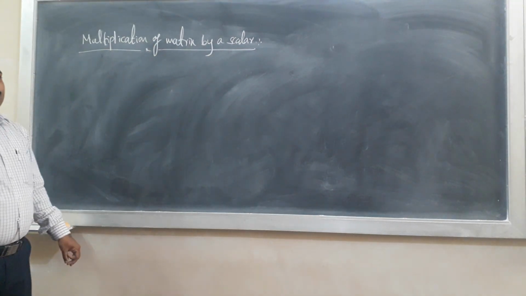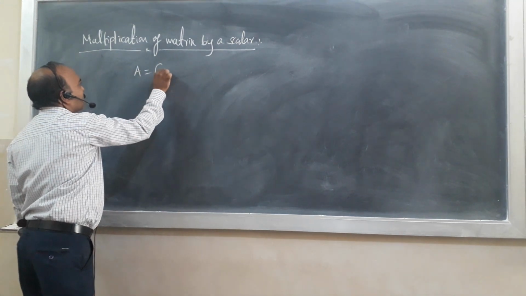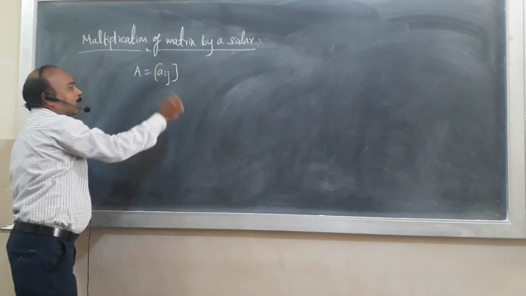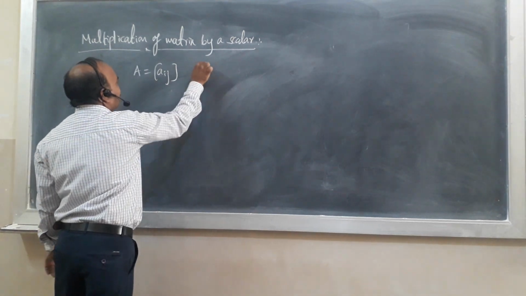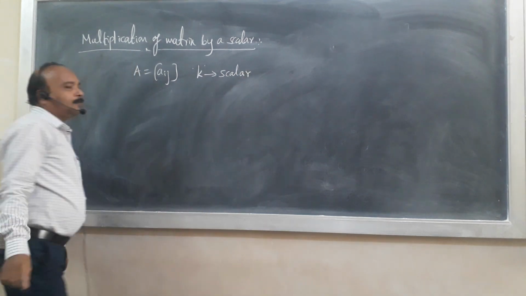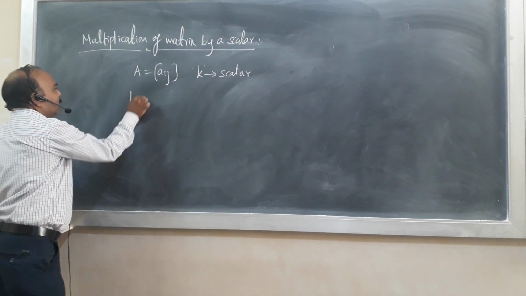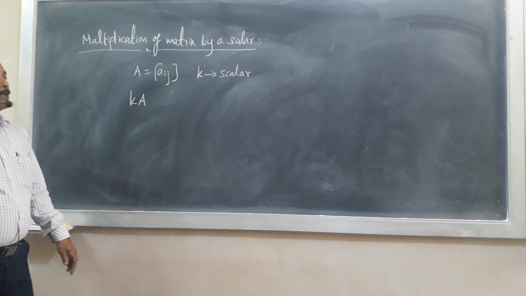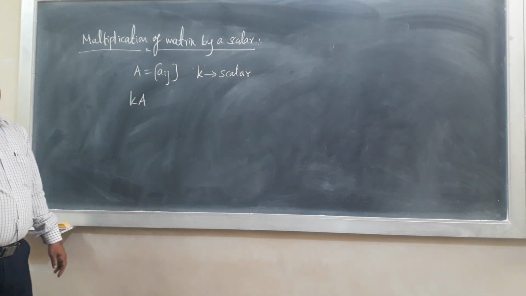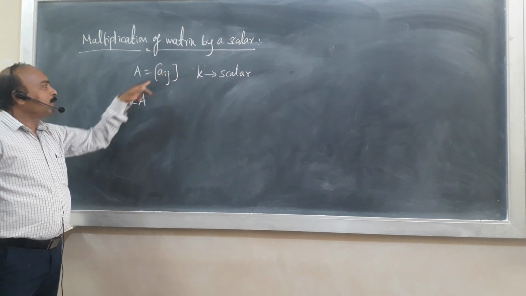Now we consider a matrix A equal to [aij] of any order, and k is any scalar. If you multiply these two, then we get kA. kA is another matrix which is obtained by multiplying every element of A by k.